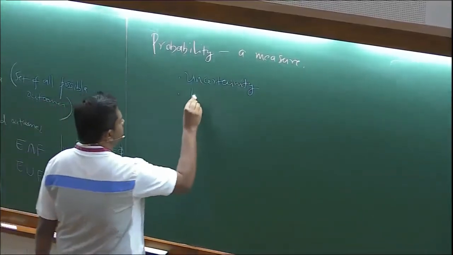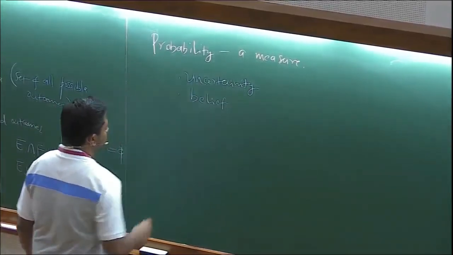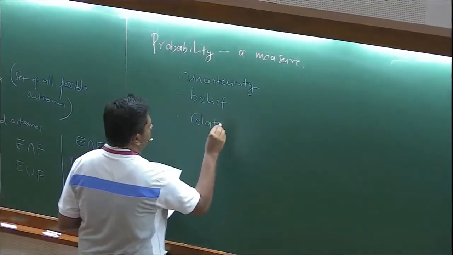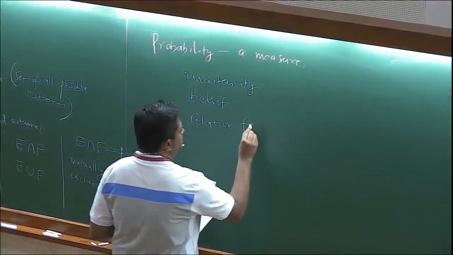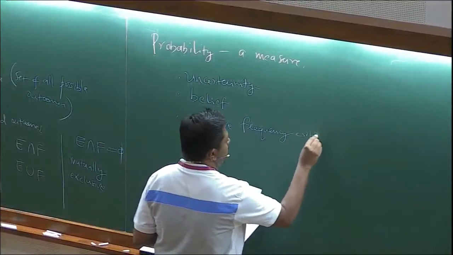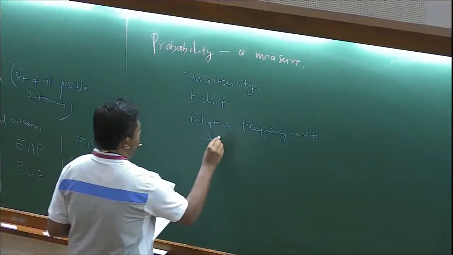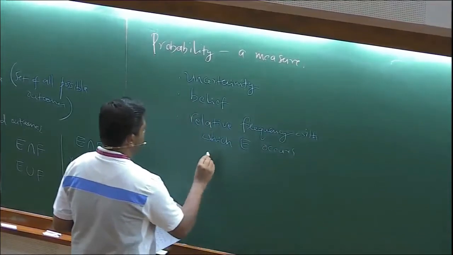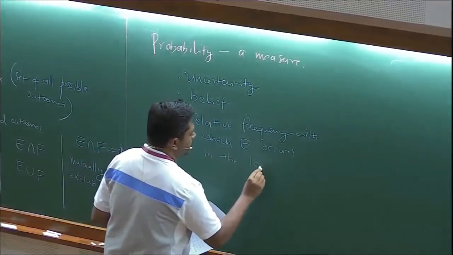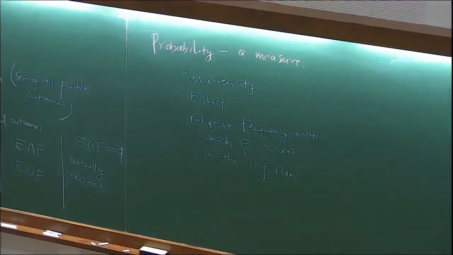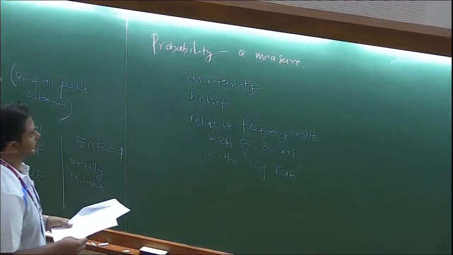There's some belief that this is a very likely event, and so on. Or in a more practical sense, it's the relative frequency with which some event E occurs in the long run. That means you repeat the process a large number of times and compute the relative frequency of the occurrence of a certain event E, and that gives you a measure of the probability of the occurrence of that event E.